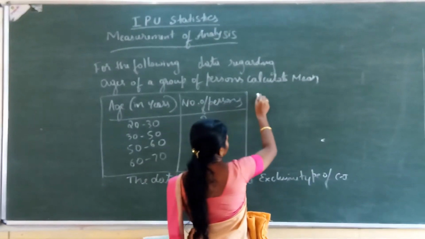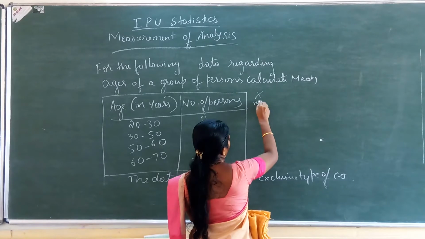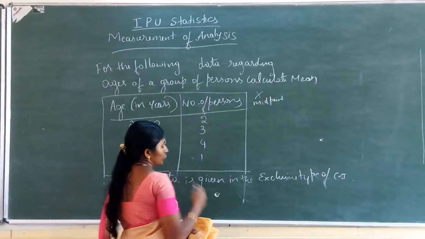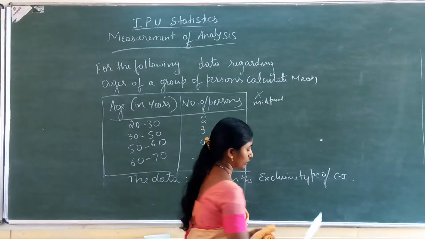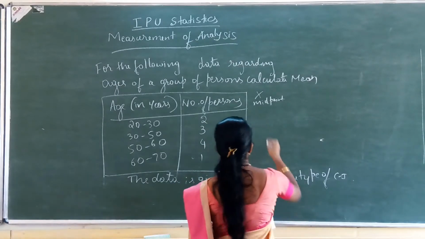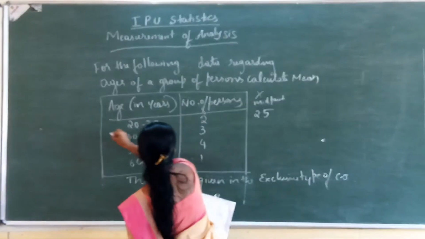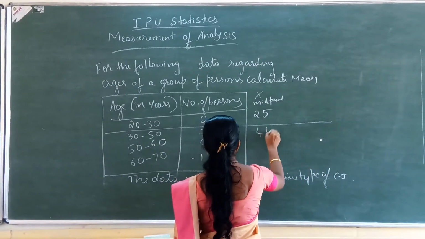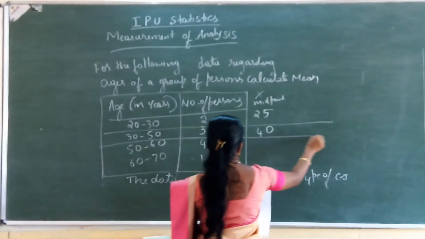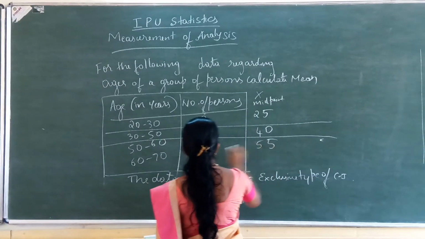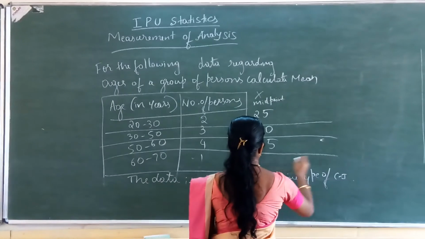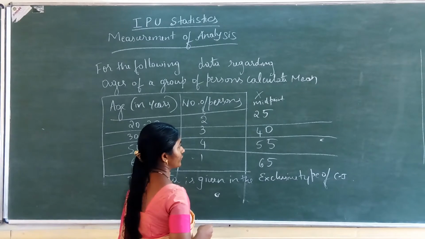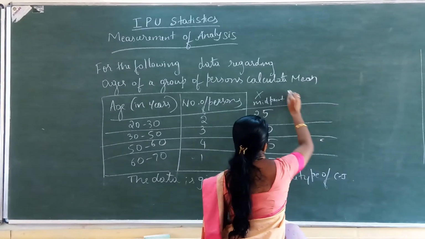So first, you have to find out the midpoint. Midpoint here is 20 plus 30 divided by 2, that is 25. Next here 40, then here 55 and here 65. So these are the midpoints, 25, 40, 55 and 65.